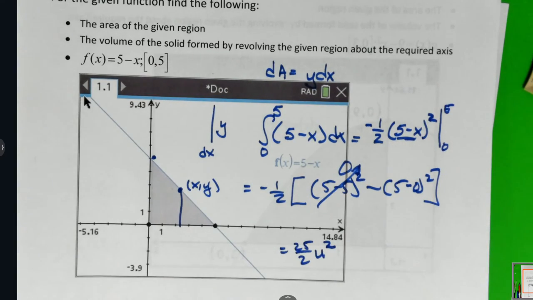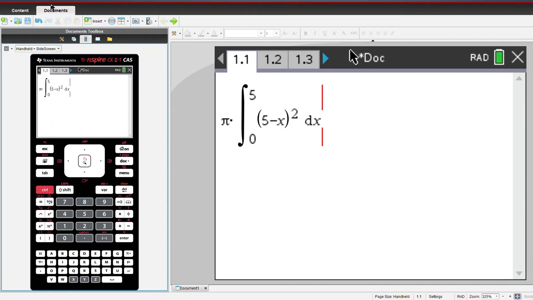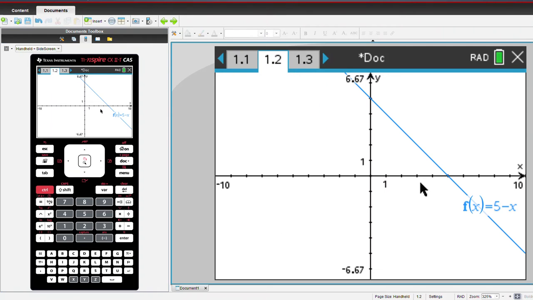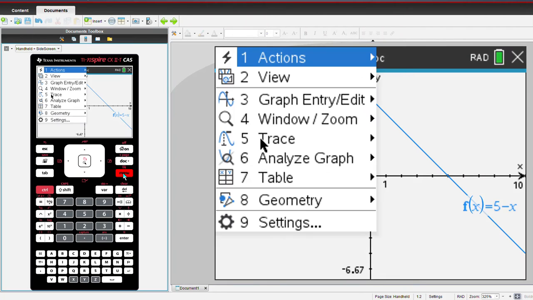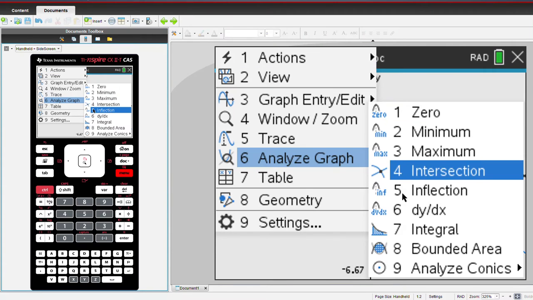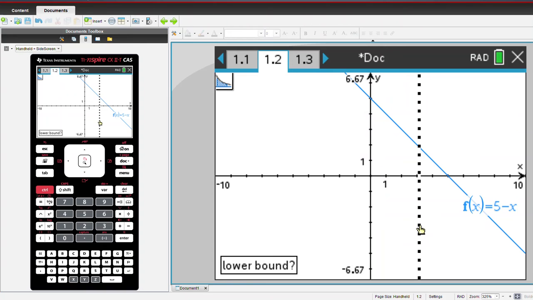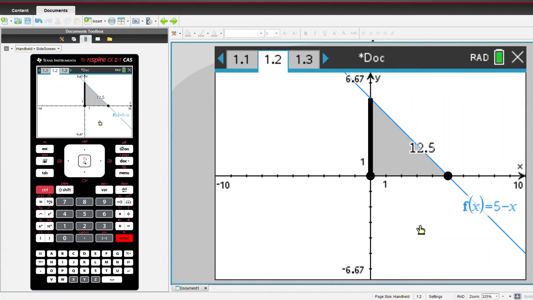Now, we need to get you practicing using your calculators like you're going to use them on the exam. I've been pre-prepping some of this. One of the things you are expected to be able to do is, using your grapher, evaluate an integral. And my lower bound, I'm just going to type in 0. My upper bound.